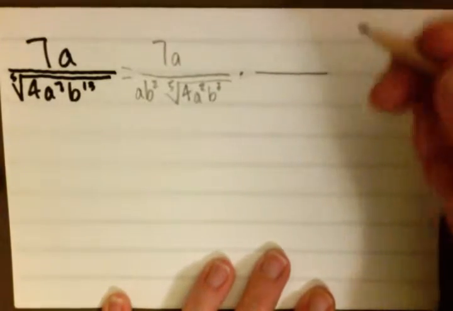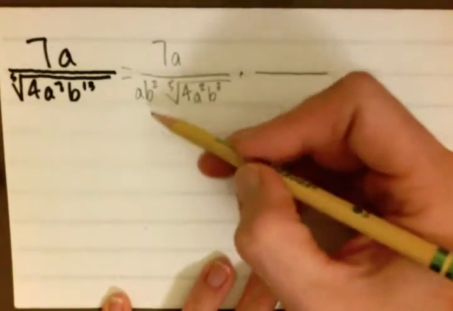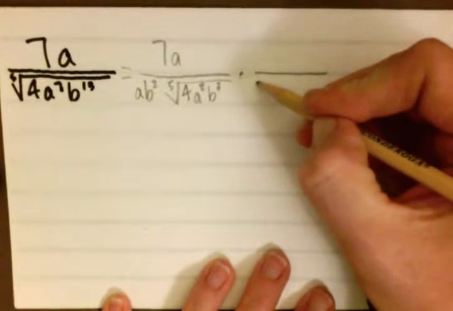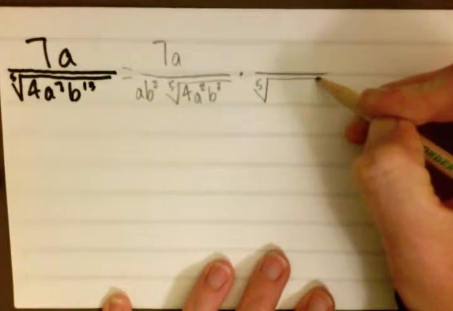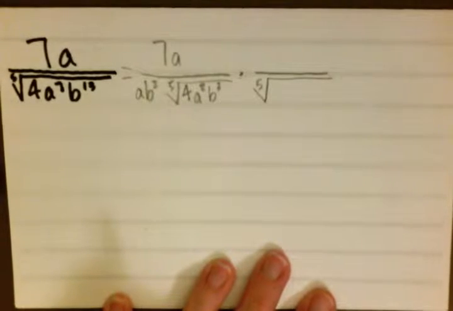So once again, we have our ab squared there. We're going to multiply this denominator by the fifth root of something in order to make everything a fifth power.